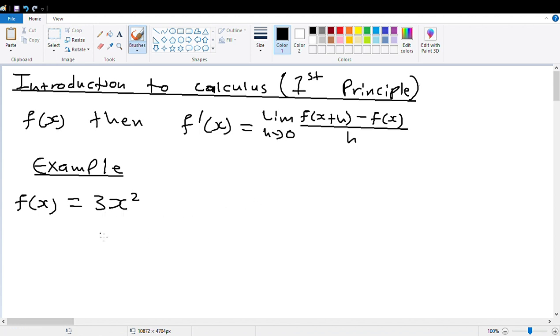Okay, so now the question says find f prime x, or the derivative of f, using first principle.